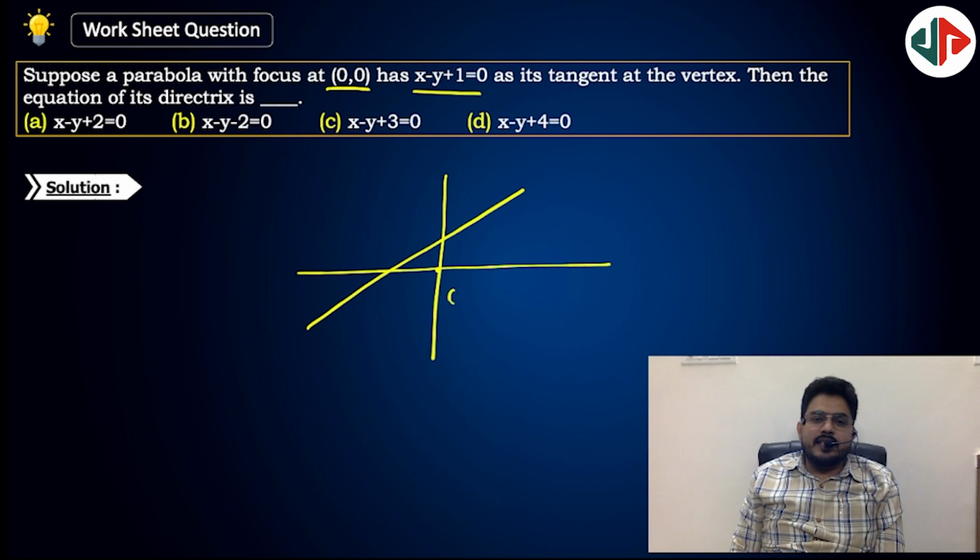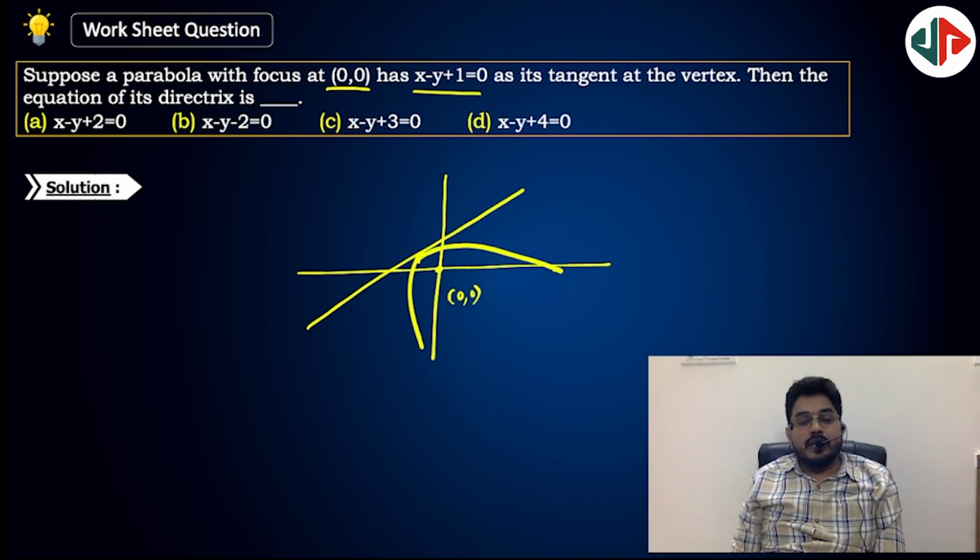This is the origin. So suppose a parabola with focus at the origin and this line as the tangent at the vertex.